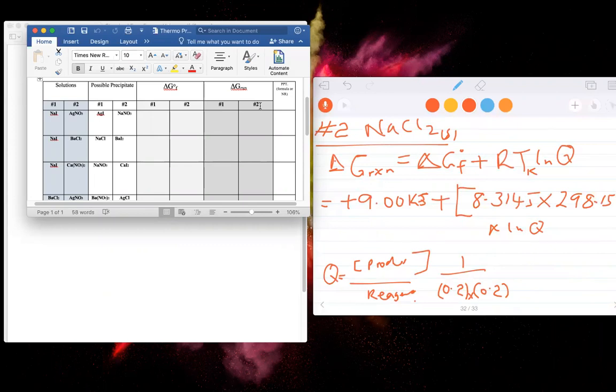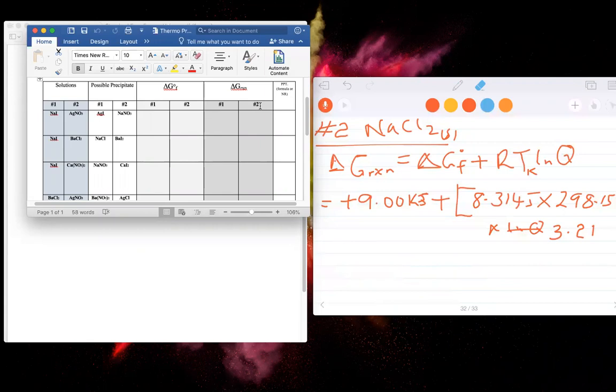So ln of 25, natural log of 25, I see it is 3.2121. Instead of what I have here, I will use 3.2121. And with that, we are now in a position to determine the enthalpy or free energy at non-standard state.